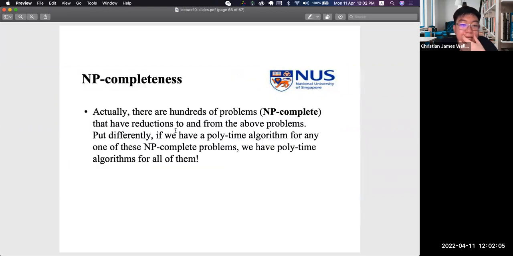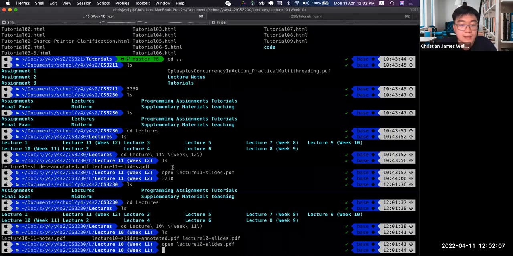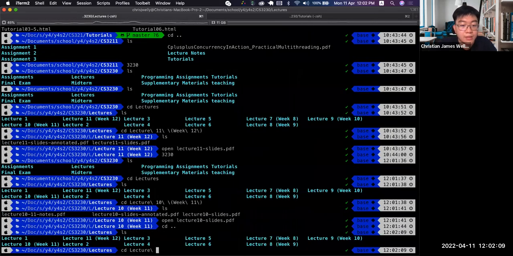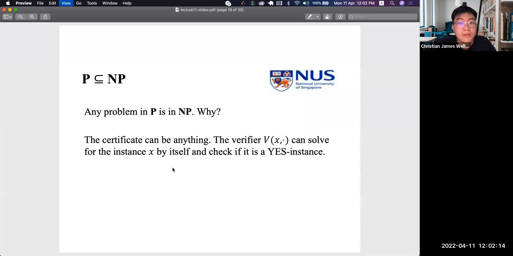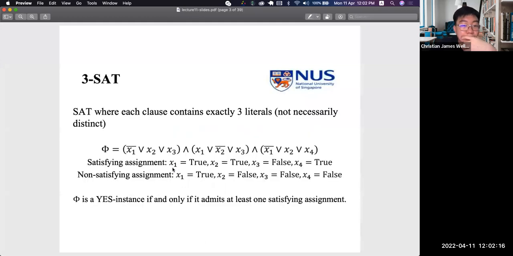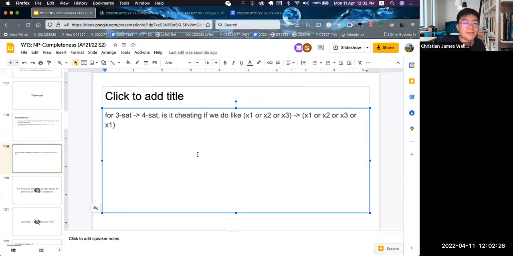Did he change it? Because I thought he kept it as is. Okay, so in the lecture 11 slides, he said not necessarily distinct. So it's fine. But let's see whether this works.